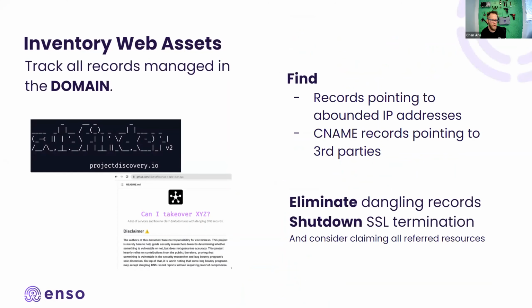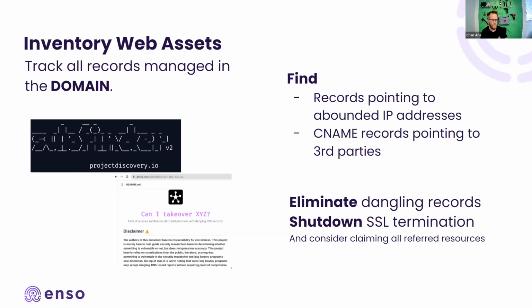Let's drill into inventorying web assets a little bit. You need to track all the records managed in the domain. Have a full list of all the records, understand all the records, even those that are not mounting any applications behind them, just so you will have clarity on what records you have.